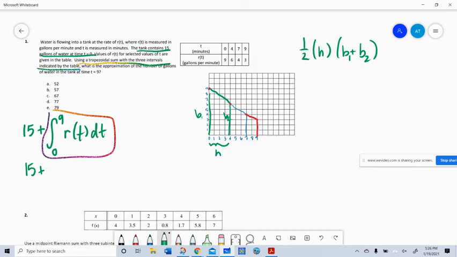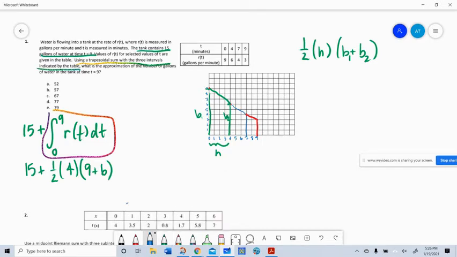So for my first trapezoid, I'm going to do 1/2 times the height, which in this case is 4. That's for my green one. Times the sum of my bases. This first base has a height of 9, and my second base has a height of 6. So that's my first trapezoid, my green one.